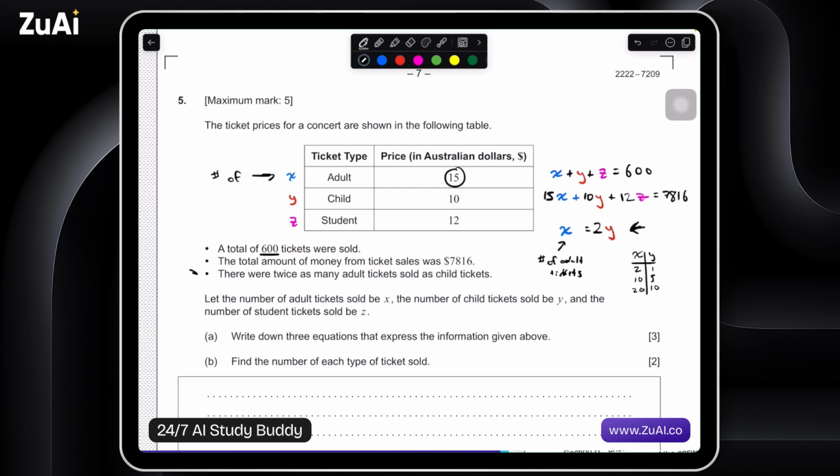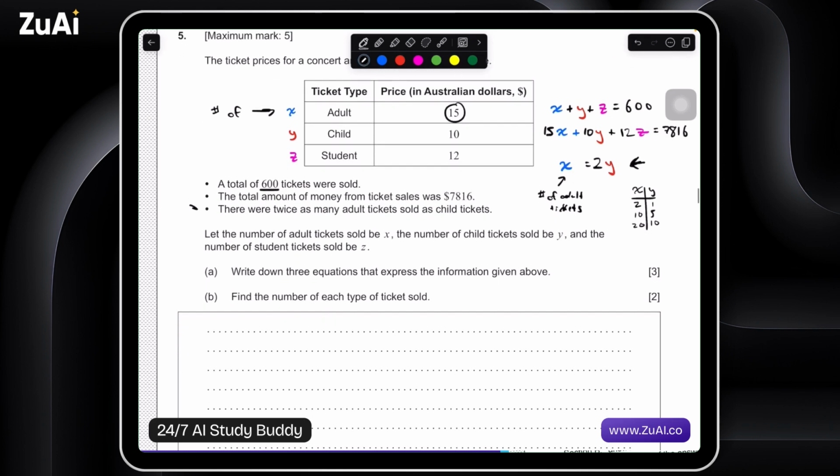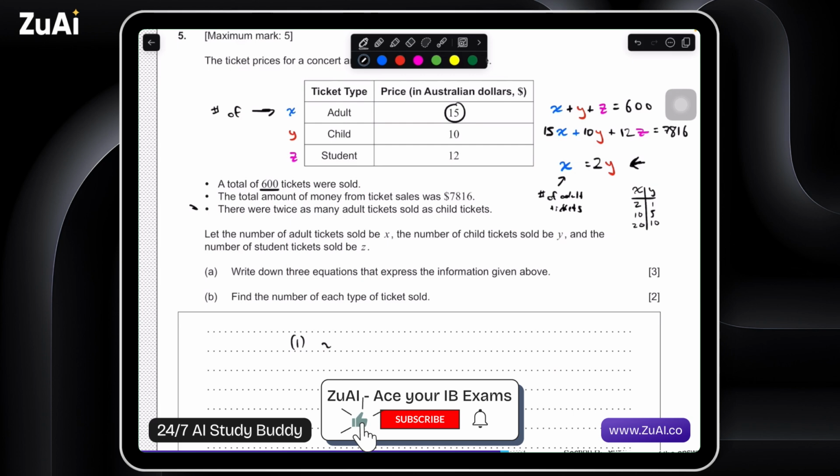Okay, that covers writing down 3 equations that express the information given above, and part B asks us to find the number of each type of ticket sold. So what do we have? We have these 3 equations right here. One is X plus Y plus Z is equal to 600.